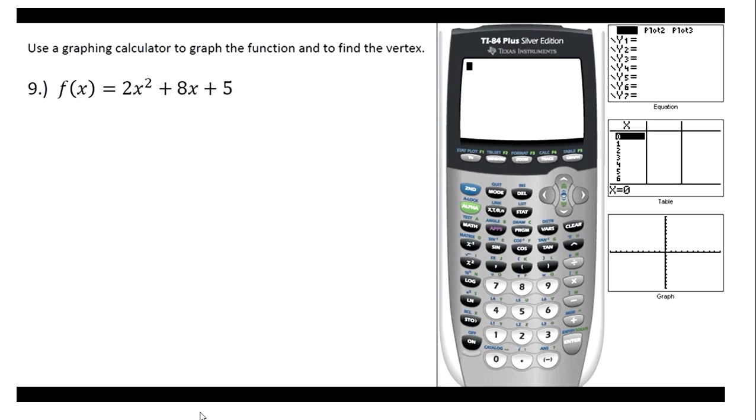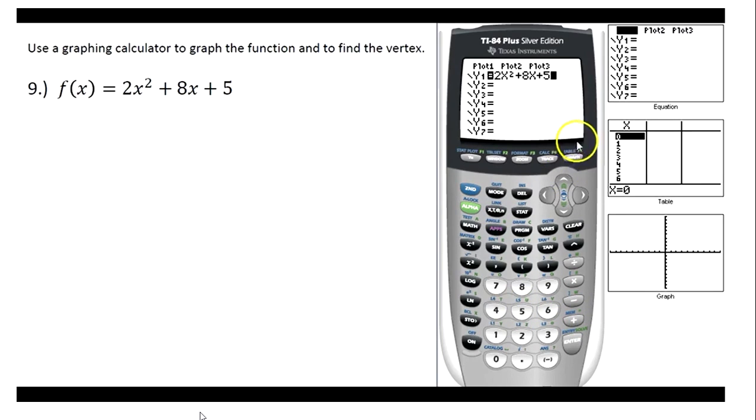So in order for us to graph the function with the graphing calculator, we need to start by going to y equals on the calculator, and we're going to input our function. So it's f of x equals 2x squared plus 8x plus 5. So that's our function ready to go, and now we want to graph it.